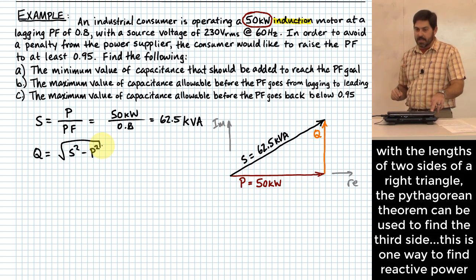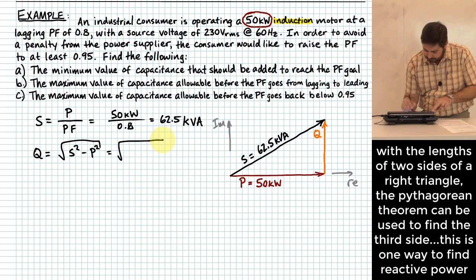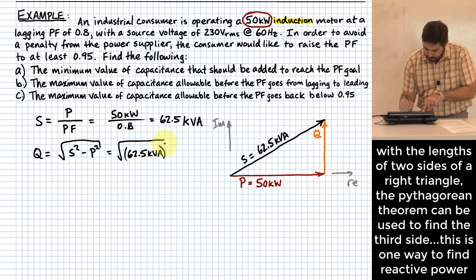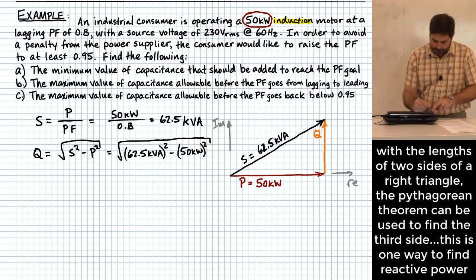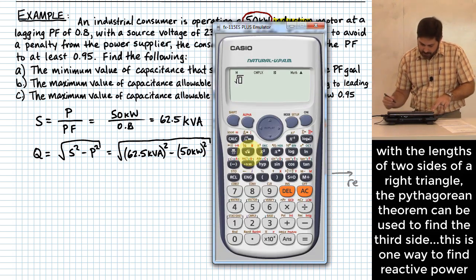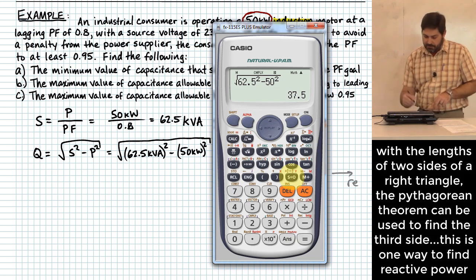What does that look like for our problem? That'll just be the square root of 62.5 kVA squared minus 50 kilowatts squared. Let me put that in here. Square root of 62.5 squared minus 50 squared. That gives me 37.5.